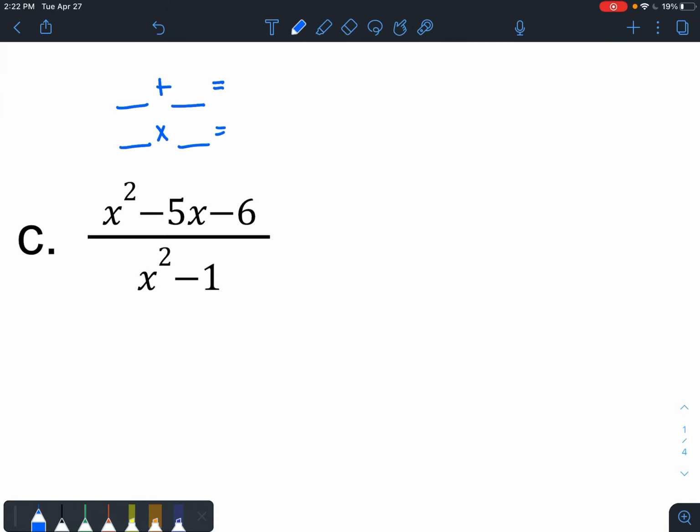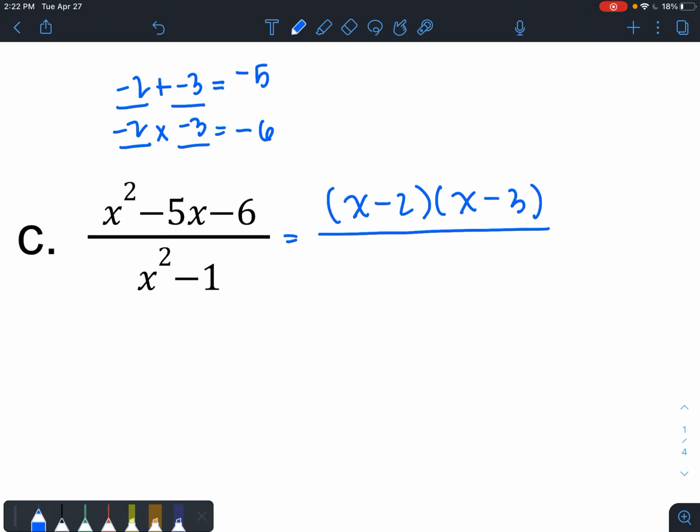These two numbers need to add to be -5, but multiply to be -6. These two numbers are -2 and -3. So when I rewrite the numerator, I have x minus 2 times x minus 3.